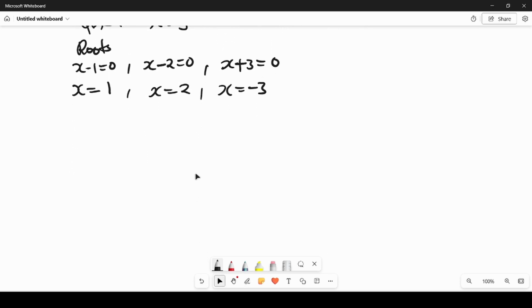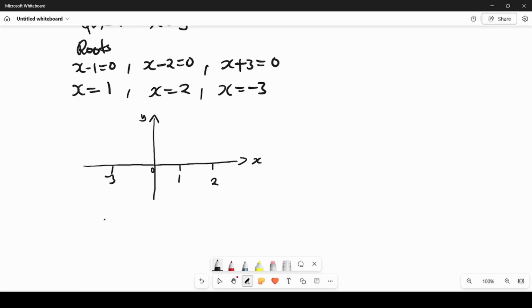Okay, so let's speculate here. When we draw our x-y plane, the x, the y, and the origin, we are saying that the roots are one at minus 3, another at 1, another at 2.